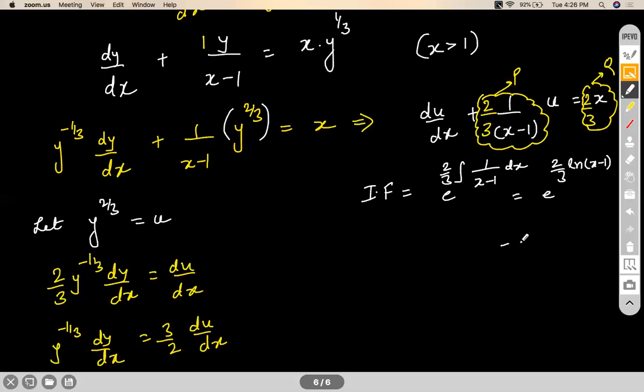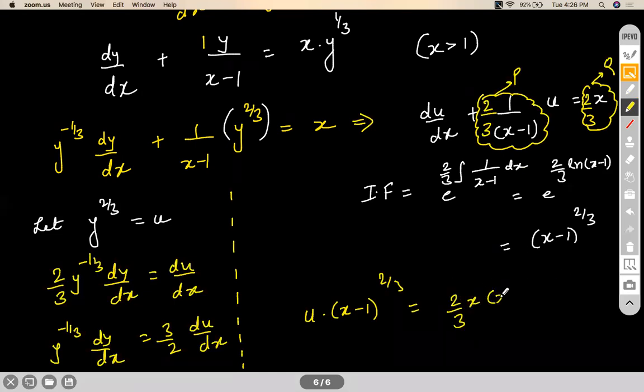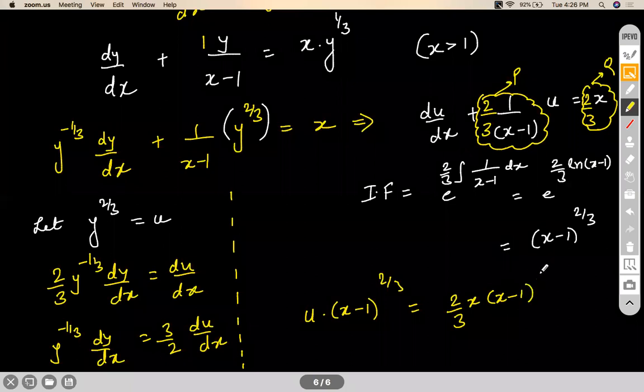Correct? So this will give you x minus 1 to the power of 2 by 3. Correct me if I'm wrong. So your final solution will be u into the integrating factor. Let me just separate this out, else you'll mix this. Okay, is equal to integral 2 by 3 x into x minus 1 to the power of 2 by 3 dx.